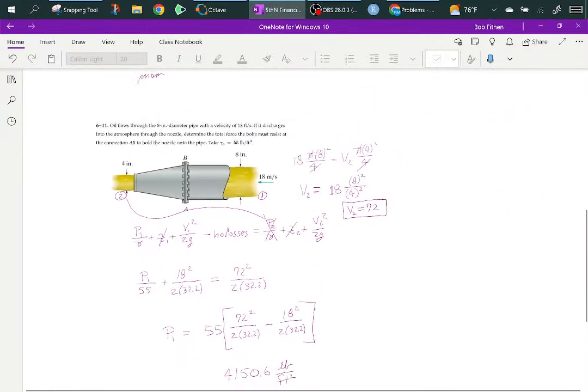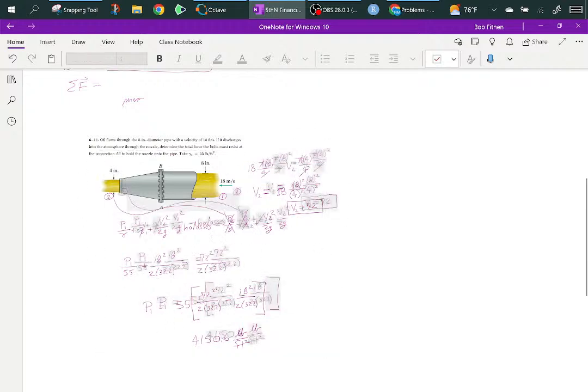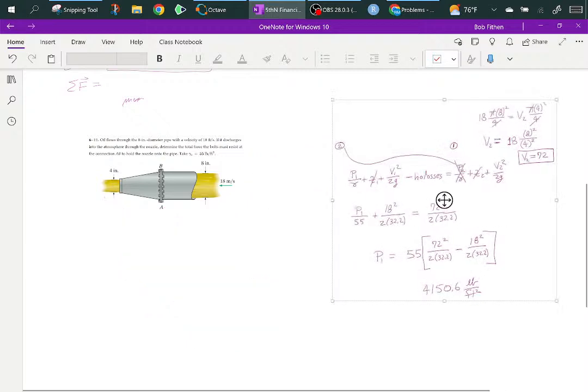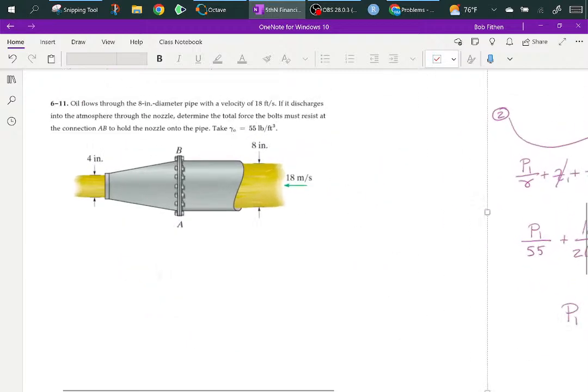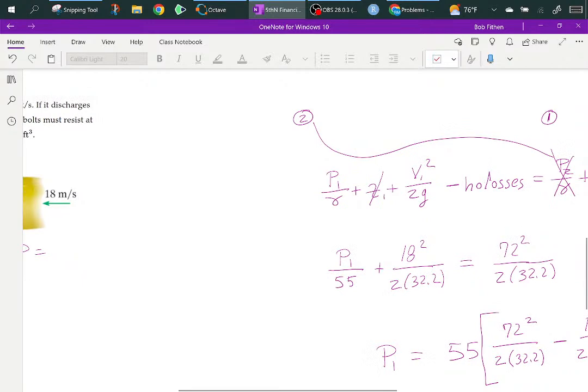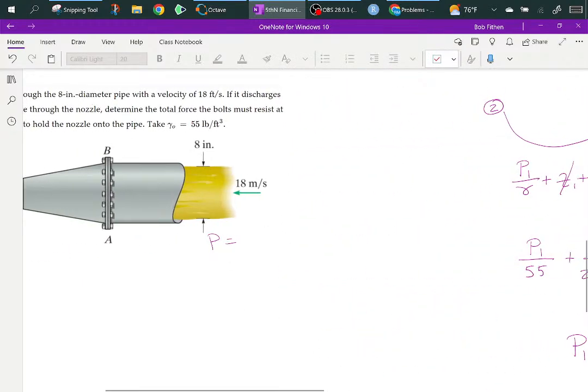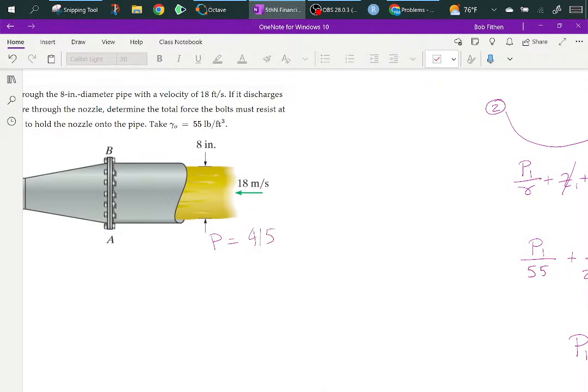Okay, so we got all that. And that actually only gave us the pressure. So at this point, we have pressure here equals 0, pressure here equal to 4150.6 pounds per foot squared.